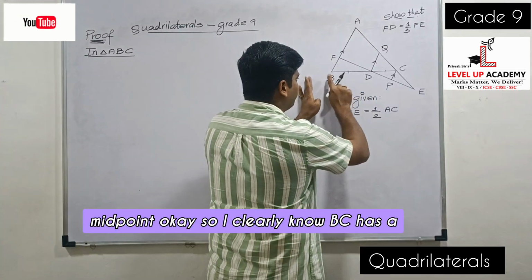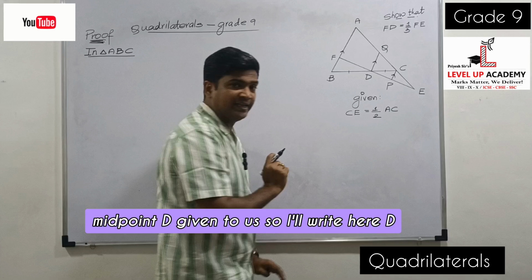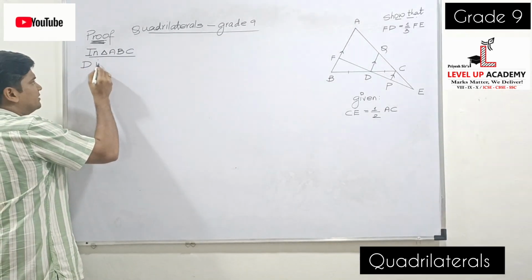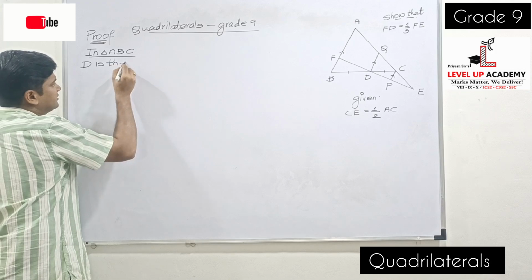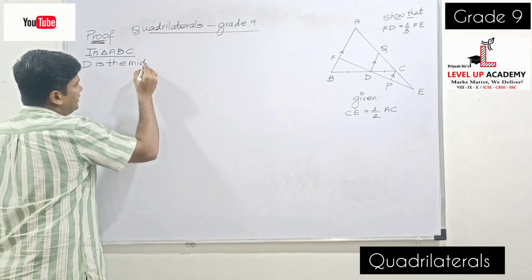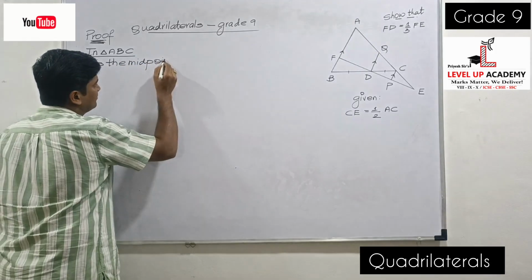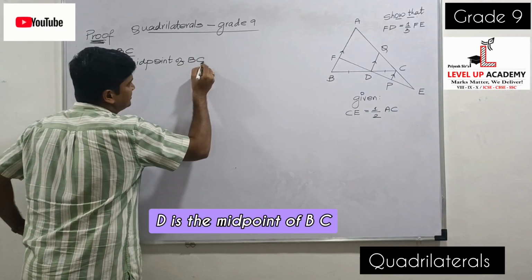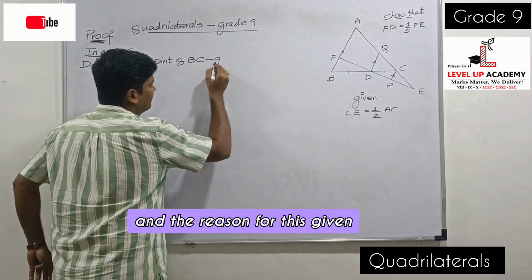Okay, so I clearly know BC has a midpoint D given to us. So I'll write here D is the midpoint of BC, and the reason for this given.